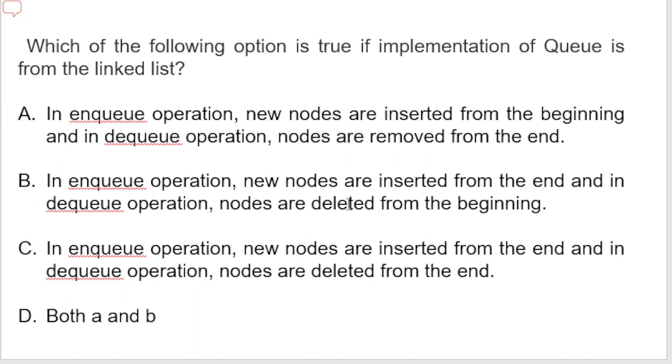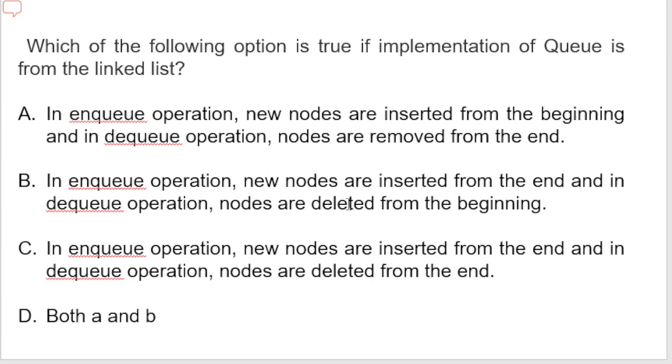Options are A, in enqueue operation new nodes are inserted from the beginning, and in dequeue operation nodes are removed from the end. Option B, in enqueue operation new nodes are inserted from the end, and in dequeue operation nodes are deleted from the beginning.